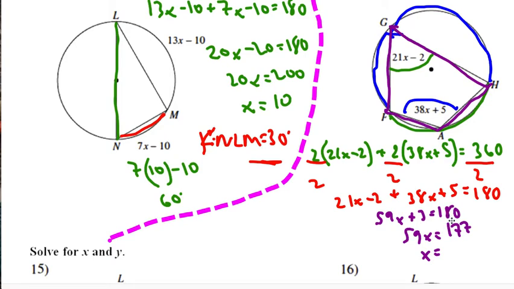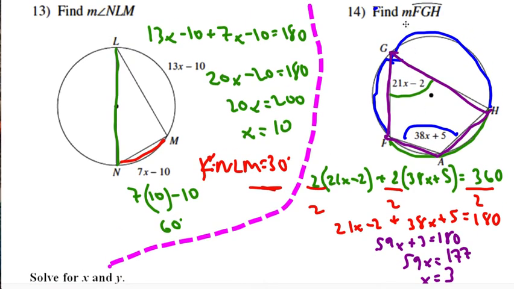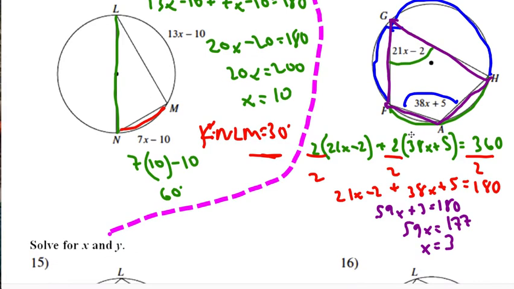See. Sorry, 3. Now this is where I have to be careful. We know x equals 3, but they want the measure of arc FGH. That is the arc subtended by 38x plus 5.